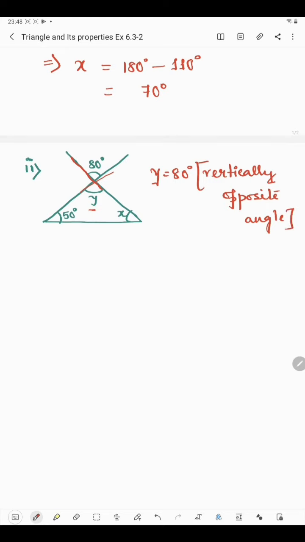Now we will have to find the value of x. Now see, this is a triangle. Again we know that the angle sum property of a triangle is that the sum of the three angles, y, 50 degree and x, makes 180 degree.